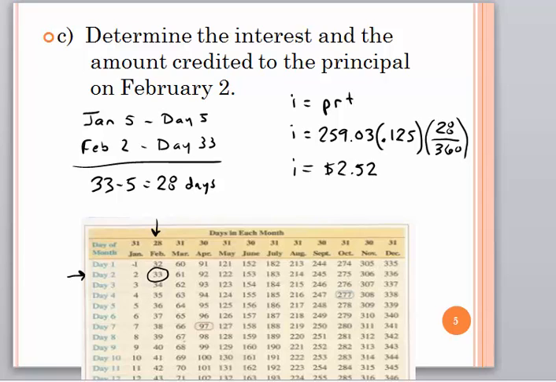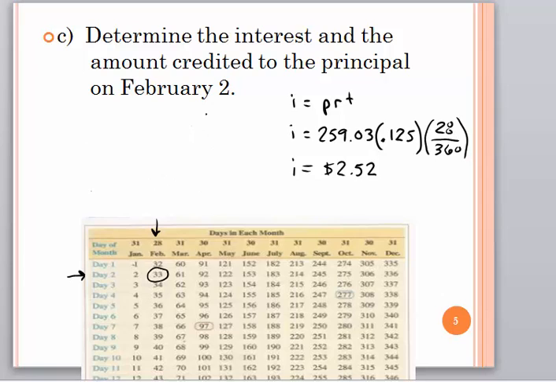So again, when she makes her partial payment, and this time her partial payment is $100, some of that payment is going to pay this $2.52 of interest, and some of that payment is going to pay towards her principal. And so let's see what the breakdown looks like.